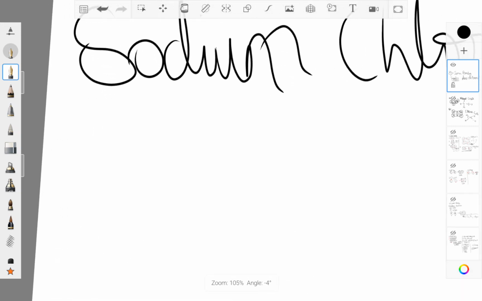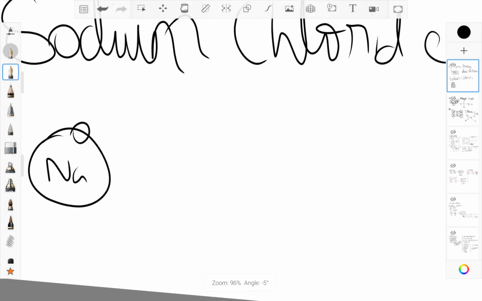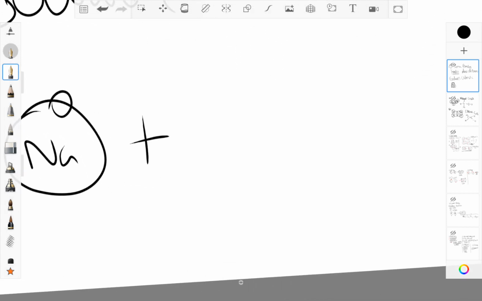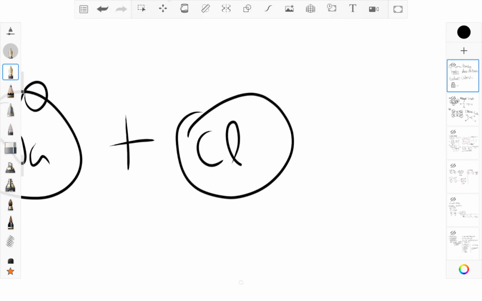Now, what happens is that sodium, Na, has one valence electron, while in this case you can see that chlorine has 7 valence electrons, right?